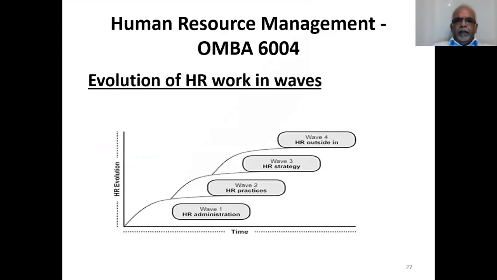We can, at this point, summarize the historical evolution that we have reviewed in this diagram. Wave 1 would represent the early phase of personnel management. Wave 2 would represent the post-1945 status of personnel management.